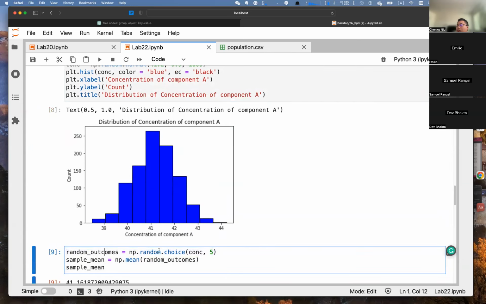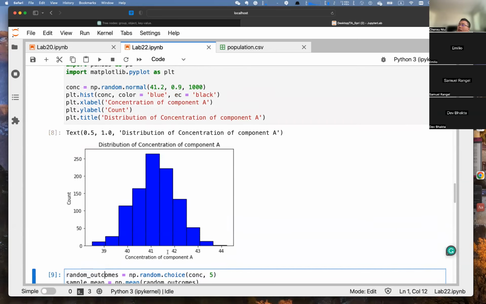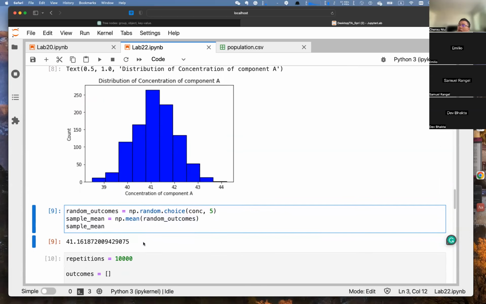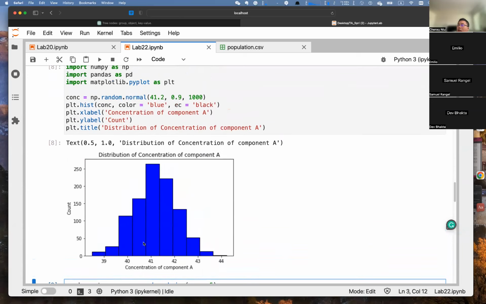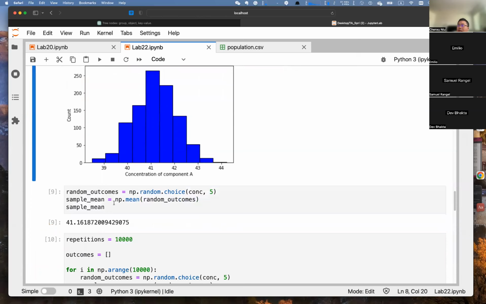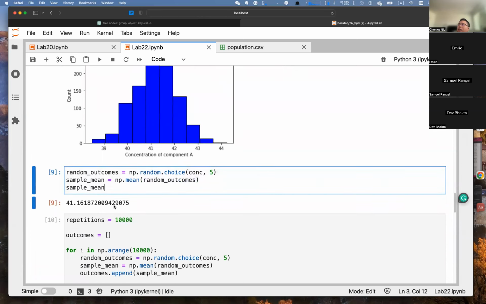Here are random outcomes, random numbers from this distribution, and calculate the mean values of these normal random outcomes, and give you the mean value of these 5 numbers, not the distribution, only 5 random numbers, the mean value of 5 numbers, okay?